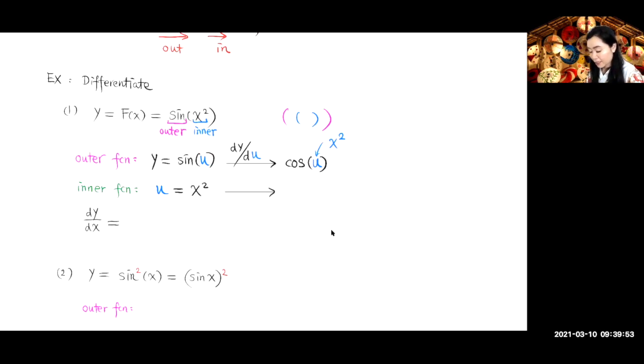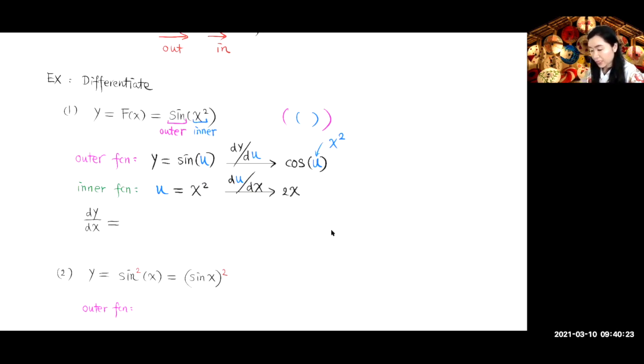Now we get to the inner function, which is the x squared function. Now we're going to differentiate this with respect to x. The derivative of this with respect to x is 2x. So we just have 2x.